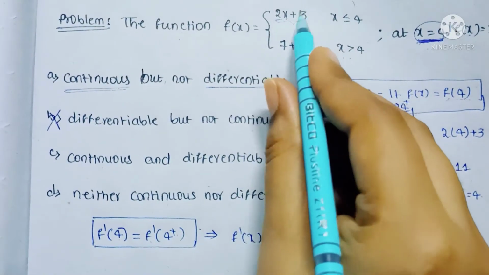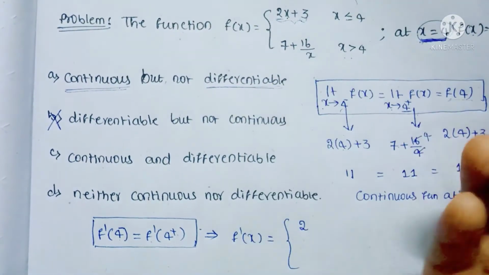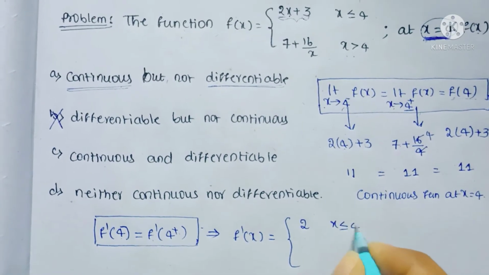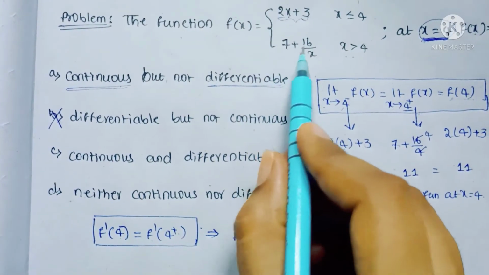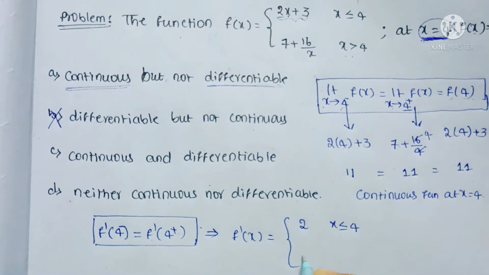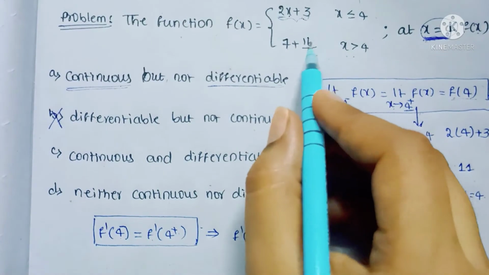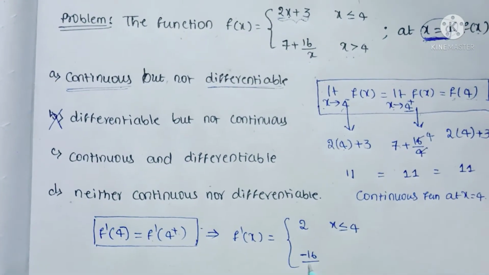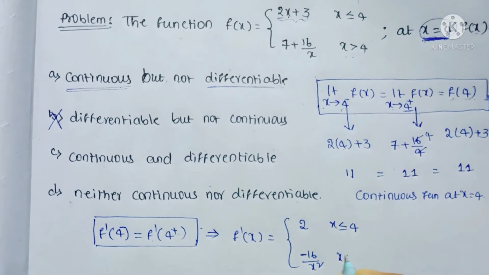And the differentiation of the constant 3 is 0. This is for x less than or equal to 4. Similarly, here 7 plus 16 by x: the differentiation of 1 by x is minus 1 by x square, and 16 is there, so minus 16 by x square, for x greater than 4.